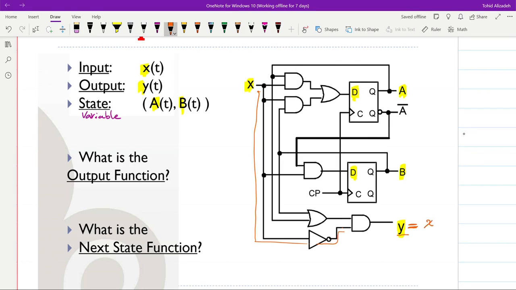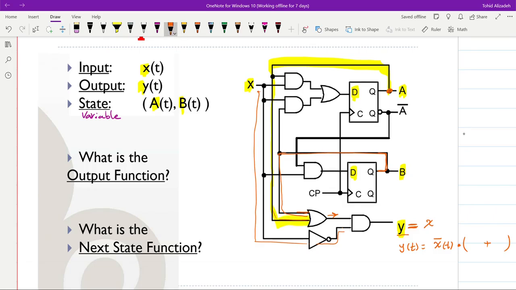So we have Y at time t equal to not X at time t and an expression which is the OR of two terms. If you look at the inputs to the OR gate, one input is connected to the output of the second flip-flop, and the other one is connected to the output of the first flip-flop here. You can just follow it.